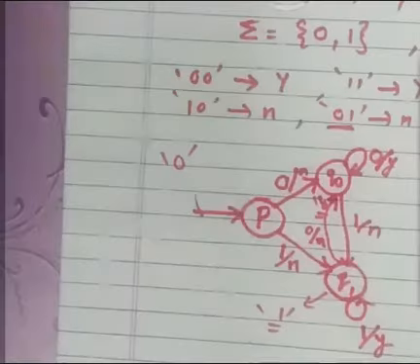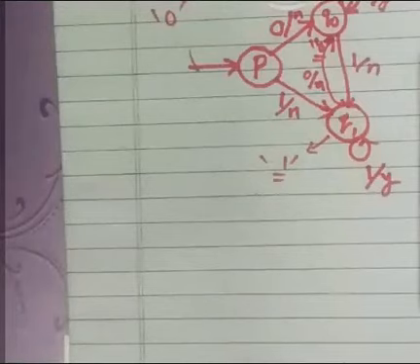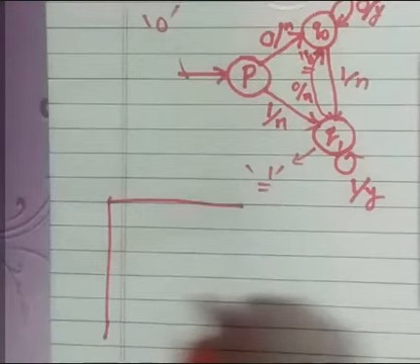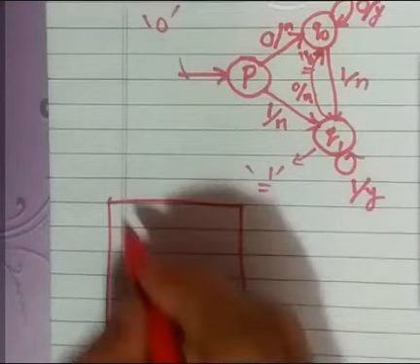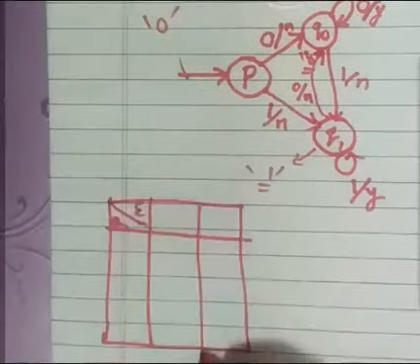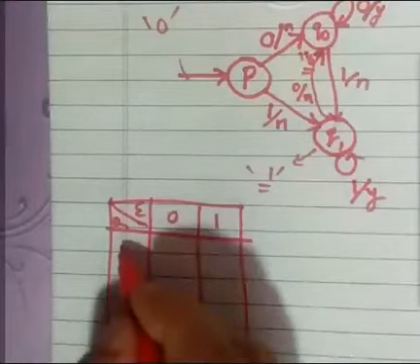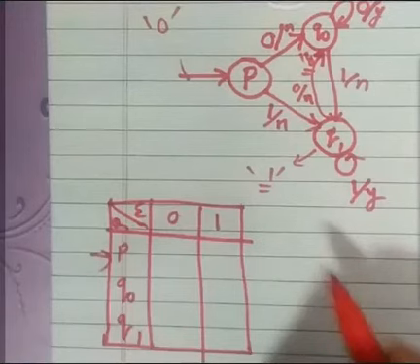Now what will be my lambda function? My lambda function will also have two columns for the input alphabet, and the three states P, Q0, Q1, with P the initial state. I cannot combine the output here as we can in a Moore machine. Now, what is the output?